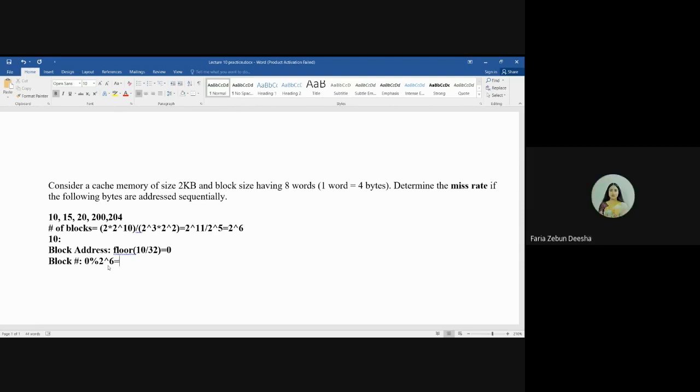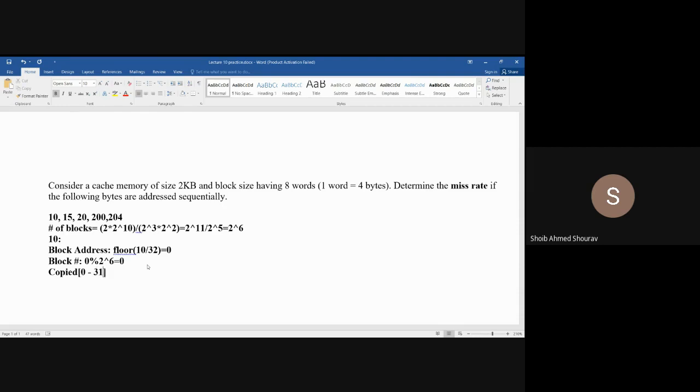0. So in block 0, which words will be copied? What is the range of the memory addresses copied? Remember, block address into number of bytes per block. 0 into 32 is 0, up to 0 into 32 plus 32 minus 1, so it is 31.